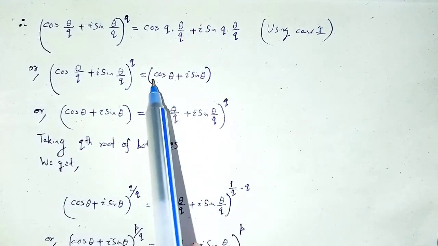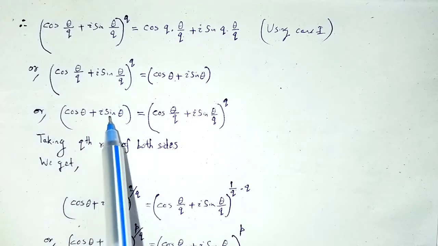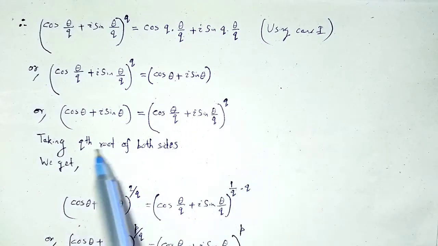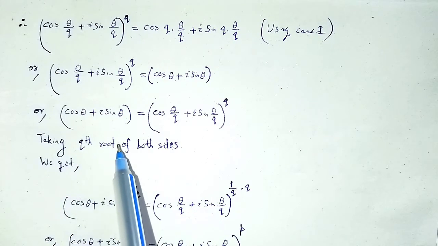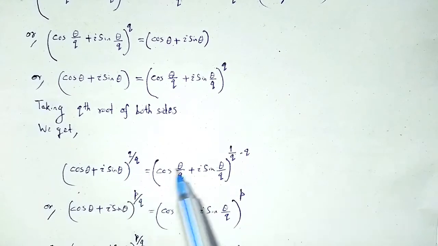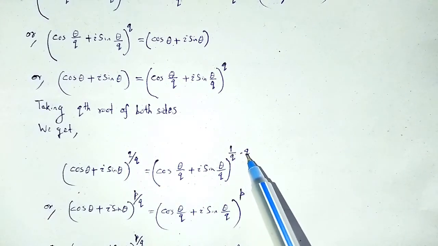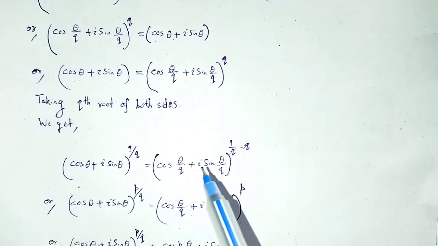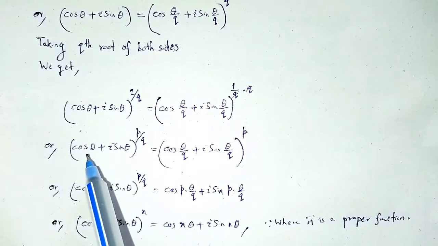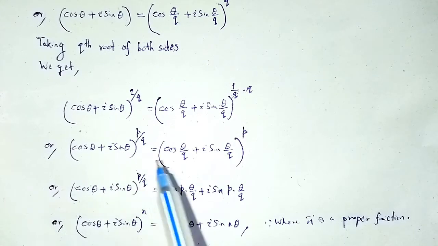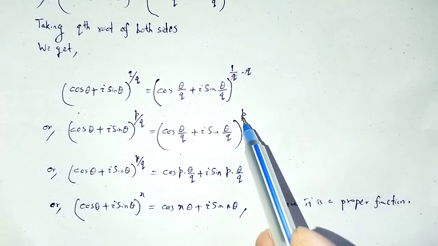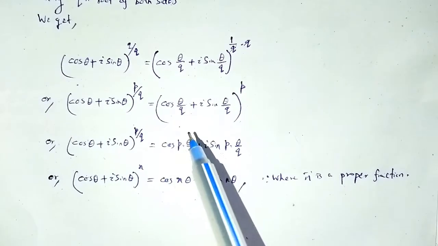Just rearranging that equation: cos theta plus i sin theta is equal to (cos theta by q plus i sin theta by q) to the power q. Now taking the qth root on both sides, we have power 1 by q, again its power 1 by q into q, so q cancels out. Again taking the pth power, (cos theta plus i sin theta) to the power p by q, here again the pth power, so that p is multiplied to the angle term.